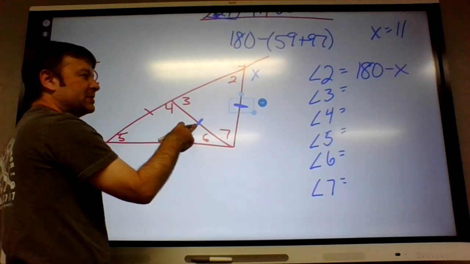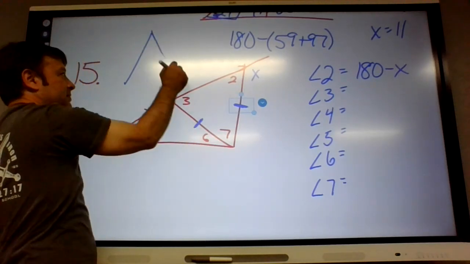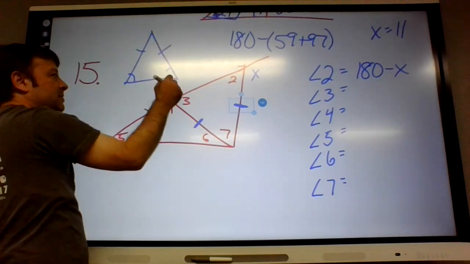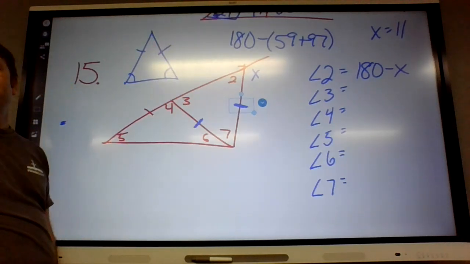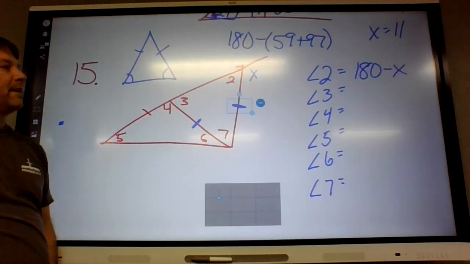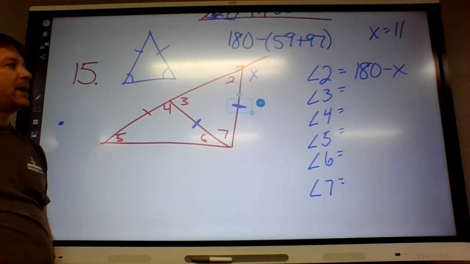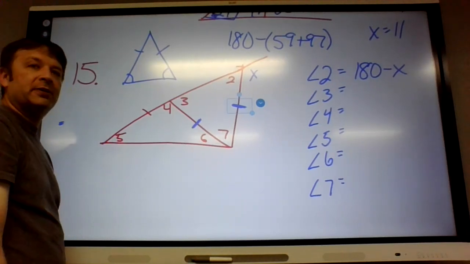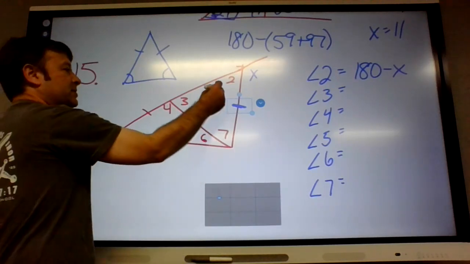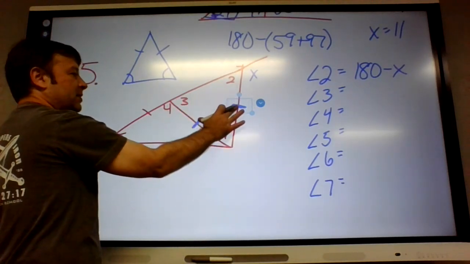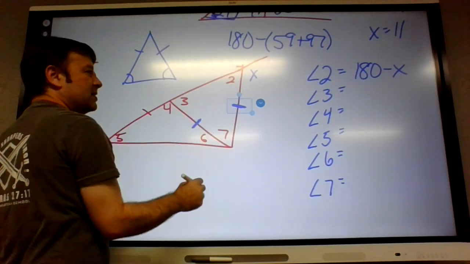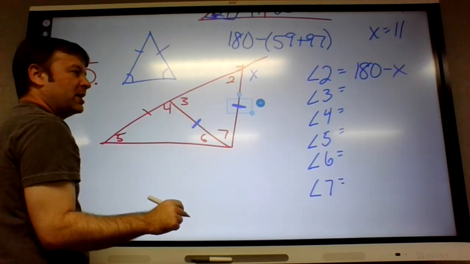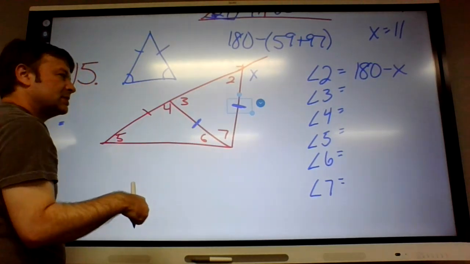Which angles are equal? Angle 2 and 3. Angle 2 and 3 are the same. These are the equal sides, these are the base angles, they're opposite the equal sides. So if 2 is 180 minus x, what's 3?